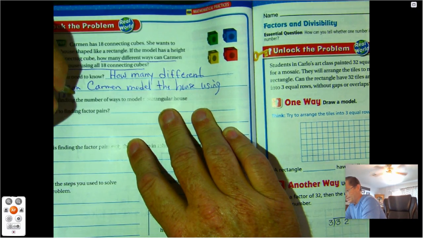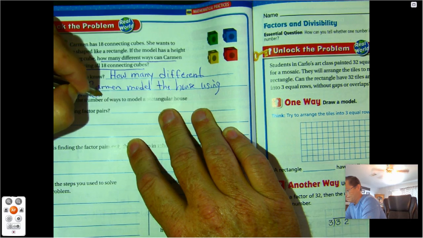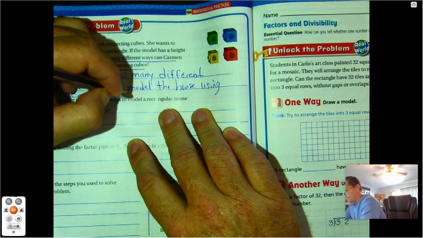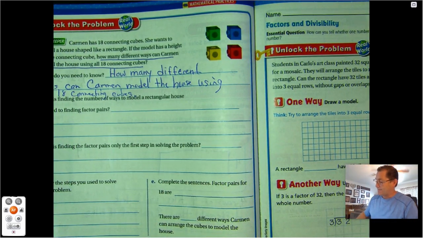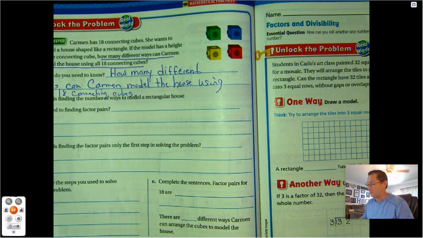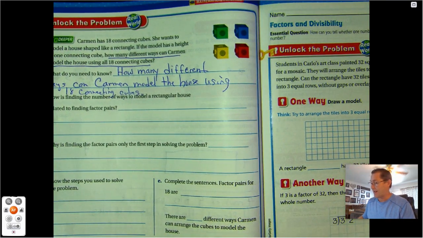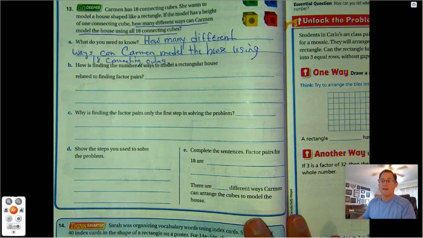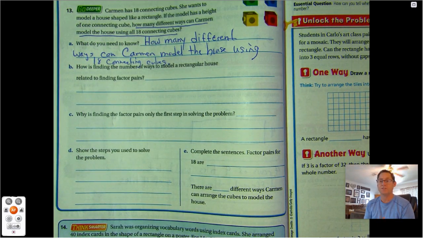Okay, so how is finding the number of ways to model a rectangular house related to finding factor pairs? Well, we have to figure out how to share the cubes equally for the different levels of the house, right?